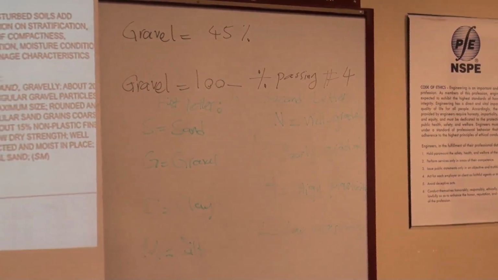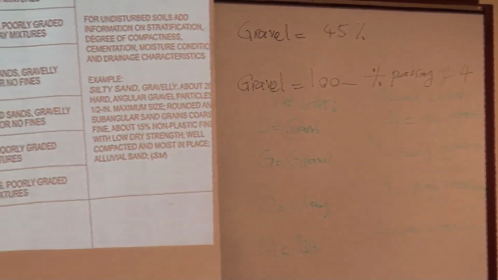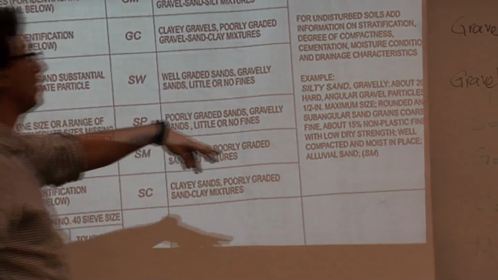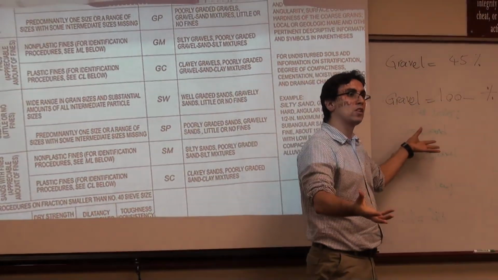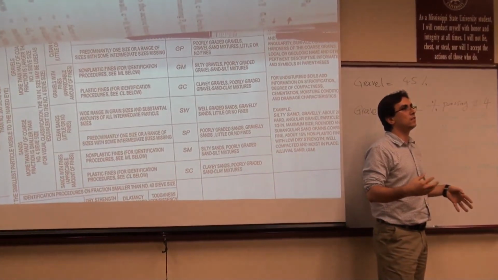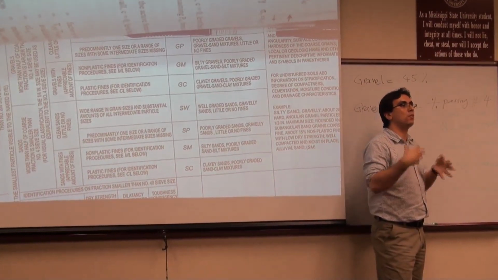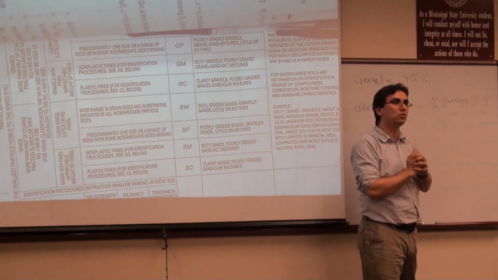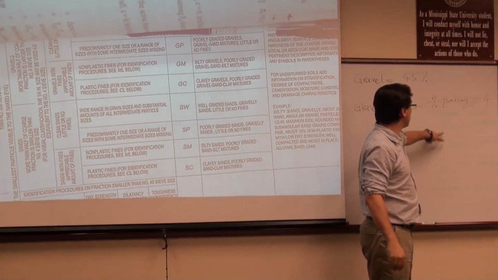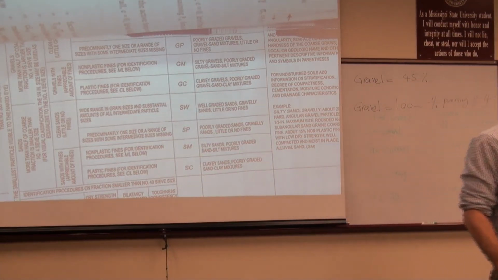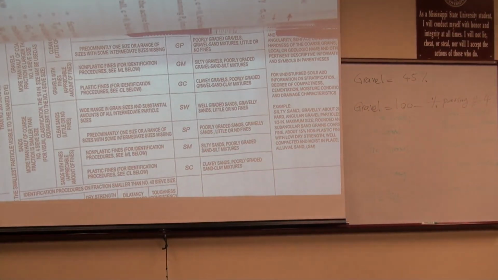So for USCS classification, we have a group symbol which has two letters. The first letter tells me the major portion of our soil sample. The second letter tells us more about the type of soil, the shape of the particle size distribution, because those parameters, well graded or poorly graded, are based on C sub C or C sub U. C sub C is the curvature coefficient, and C sub U is the uniformity coefficient.